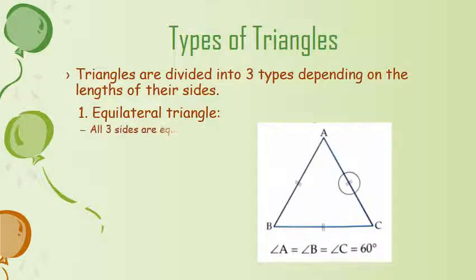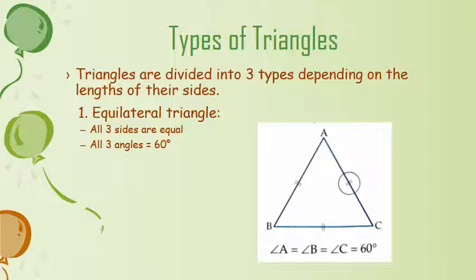Well, an equilateral triangle is a triangle in which all the three sides are equal. In the picture you can see the equilateral triangle ABC, where all the three sides, side AB, side BC and side CA, are equal, right?